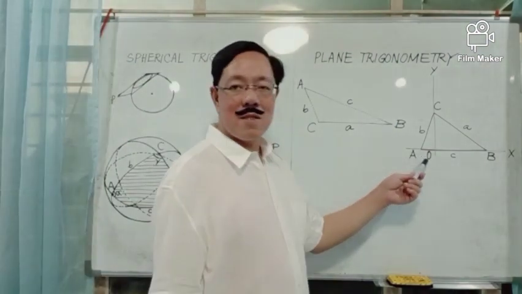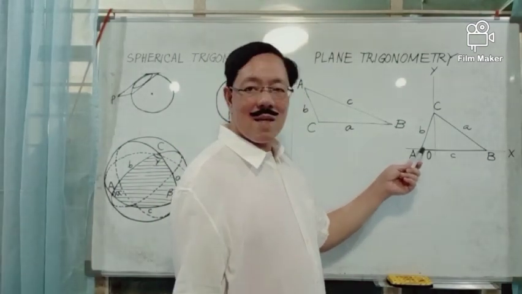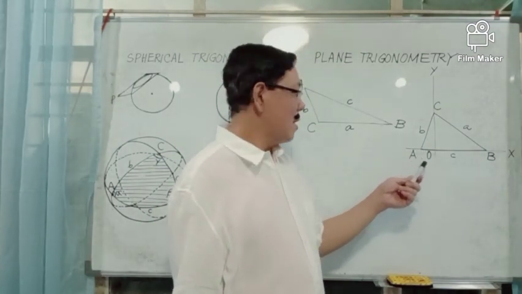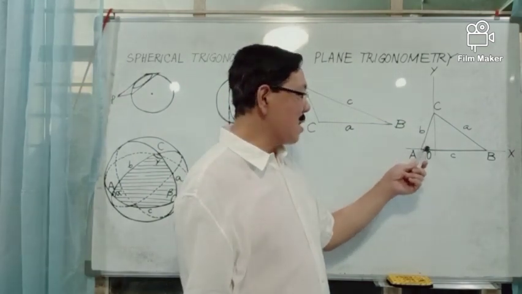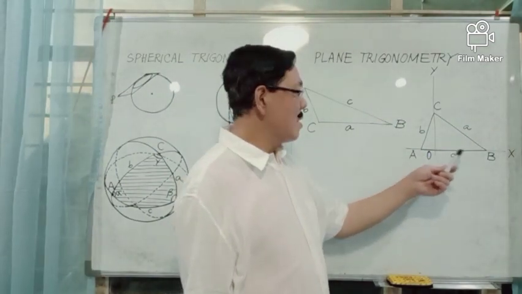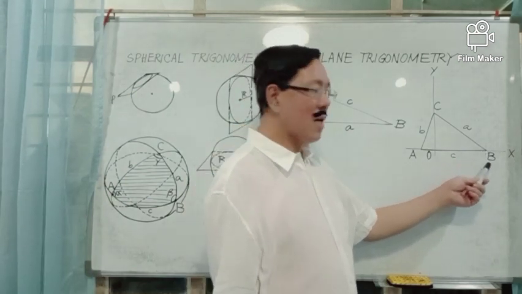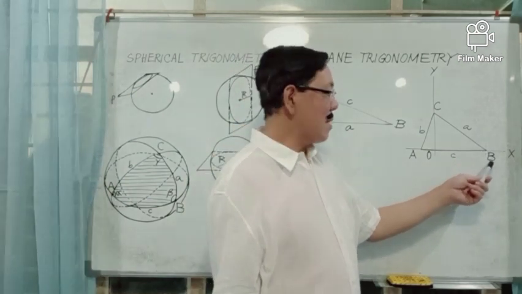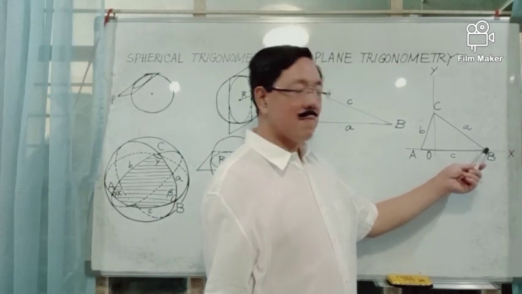Such as in this triangle in the Cartesian plane, this vertex is vertex A, and this A also denotes the angle at vertex A. And this vertex is denoted by capital letter B, and capital letter B also denotes the angle at this vertex.